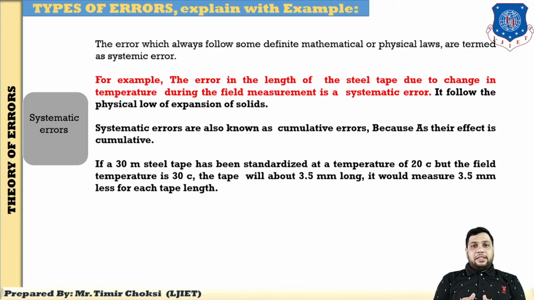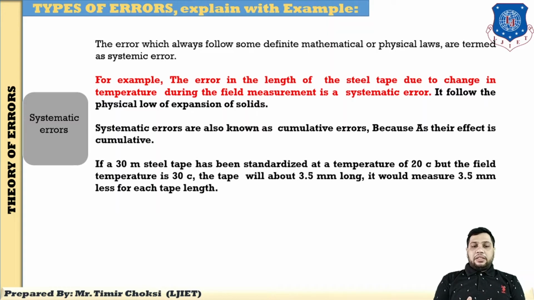Now find the distance between B to C. Continuing the line, find the distance between B to C. So the error is cumulative, so plus 0.0035 meter is added to the previous quantity, and find the line of AB. So it is called cumulative.